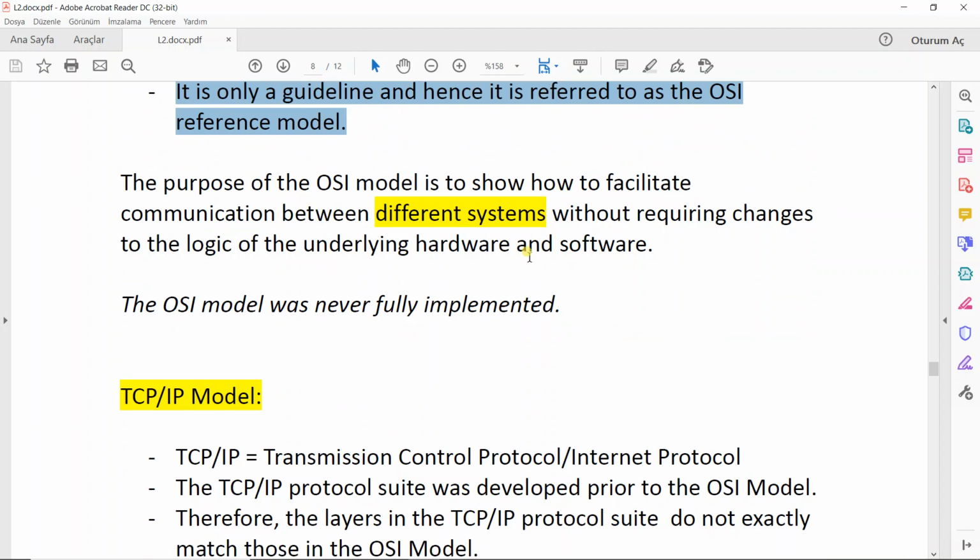The purpose of the OSI model is to show how to facilitate communication between different systems. This is the main goal. Regardless of which approach you take, it's fine. I don't care. At the end of the day, I care about being able to communicate from node A to node B successfully, whether you follow the cellular guys or the computer guys.